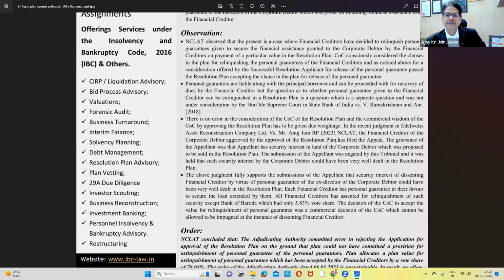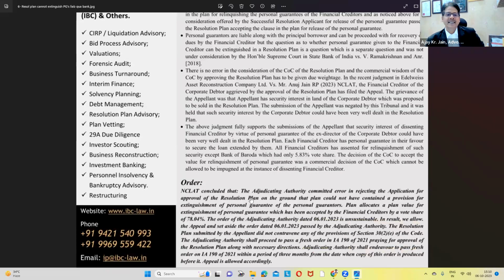So here NCLAT held that the adjudicating authority committed error in rejecting the application for approval of the resolution plan on the ground that the plan could not have contained a provision for extinguishment of personal guarantee of the personal guarantors. The plan allocates a plan value for extinguishment of personal guarantee, which has been accepted by the financial creditors by a vote of 78.04%.